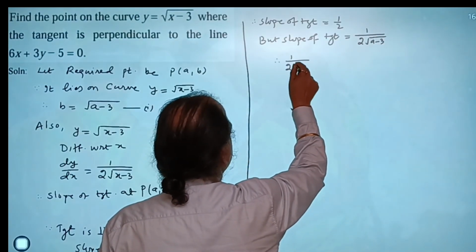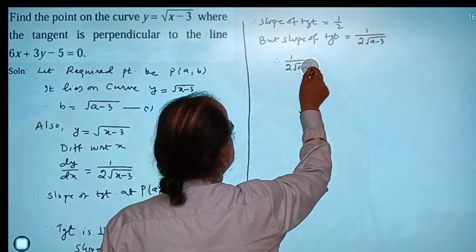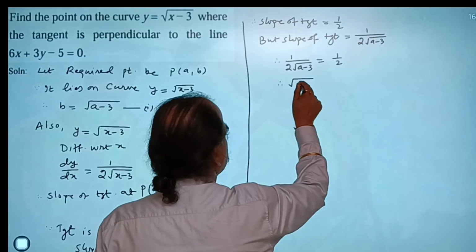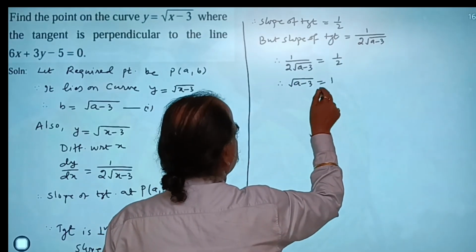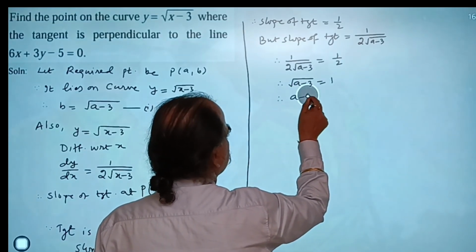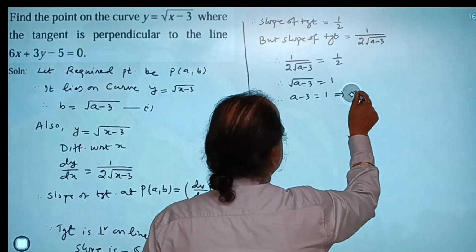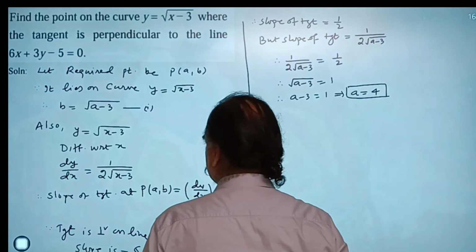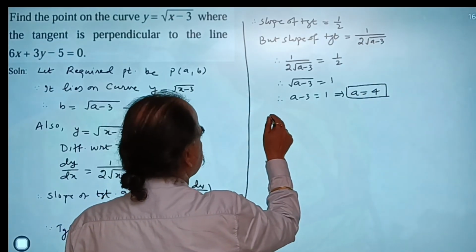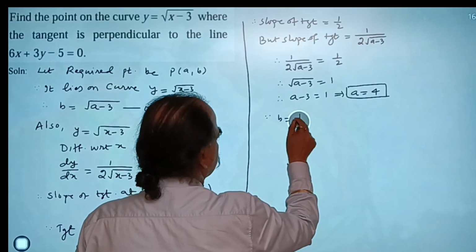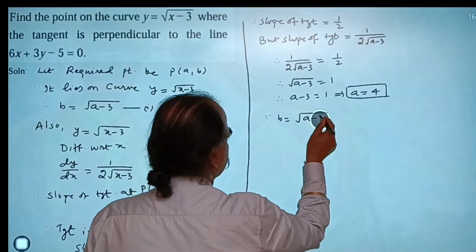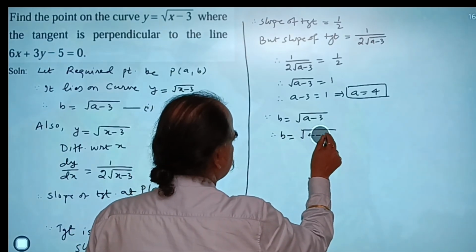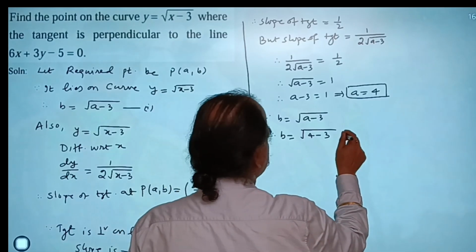So 1 upon 2 root a minus 3 is equal to 1 upon 2. Root a minus 3 is equal to 1. So a minus 3 is 1, which implies a is what? 4. Since b is root a minus 3, b will be root 4 minus 3, which is equal to 1.